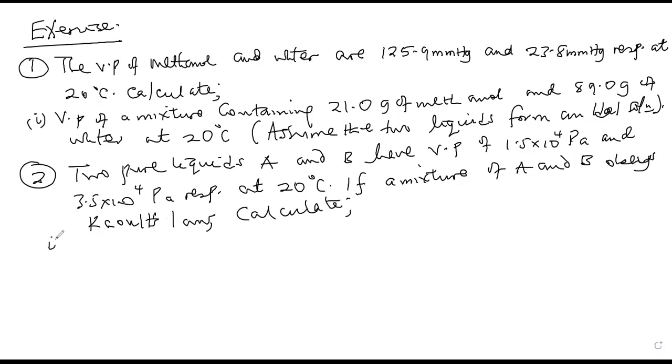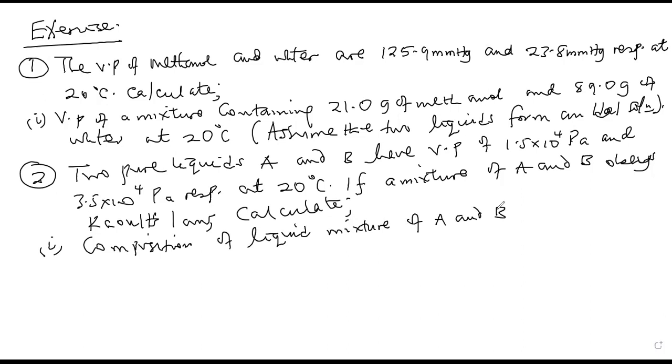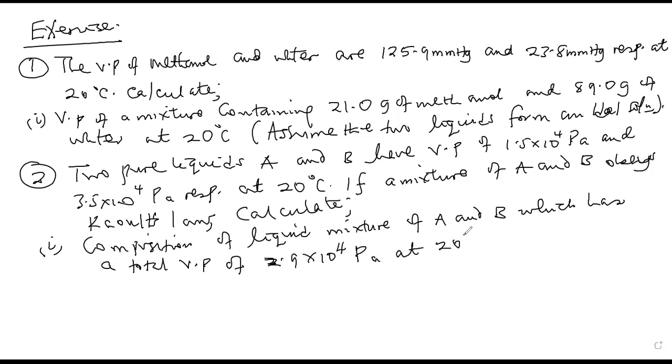calculate Roman 1, composition of liquid mixture of A and B, which has a total vapor pressure of 2.9 times 10 to the power 4 pascals at 20 degrees Celsius.